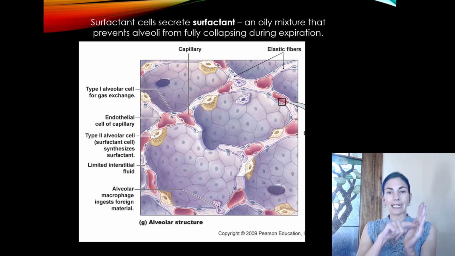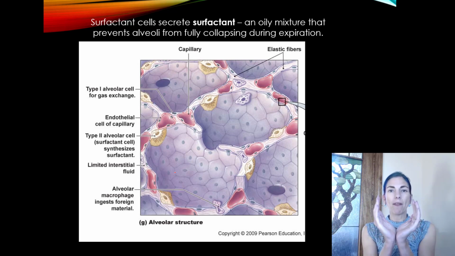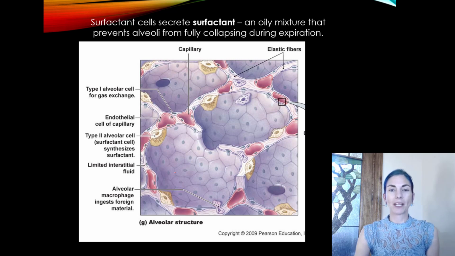So surfactant is secreted to make water less sticky, so that when they come together they're not compelled to seal together by a bunch of hydrogen bonds, because the soaps and other oils get in the way. Then they just stay like this, and it's a lot easier for them to inflate and deflate, and it doesn't take as much work.